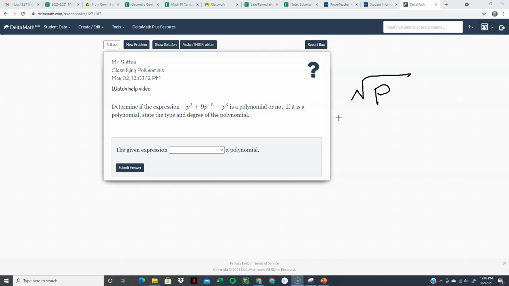Okay, I guess I have to draw bigger for it to work. So if you have your variable underneath the square root, that also makes it not a polynomial.